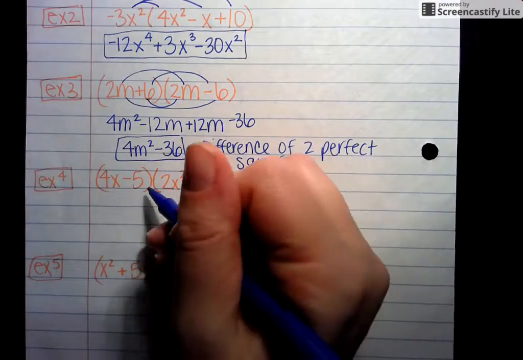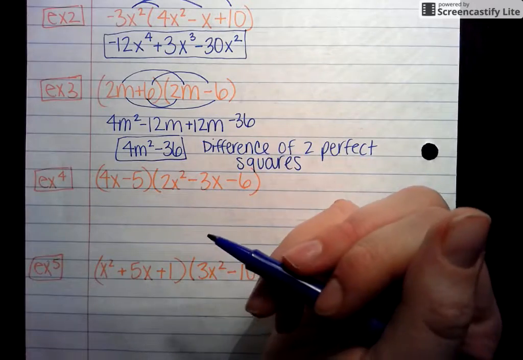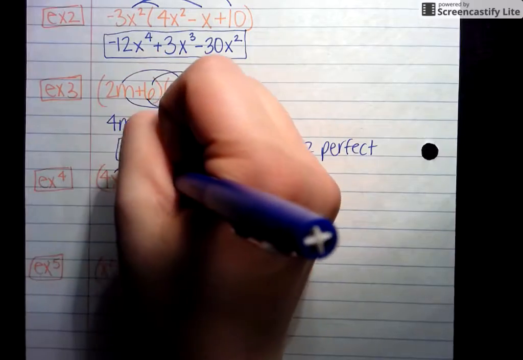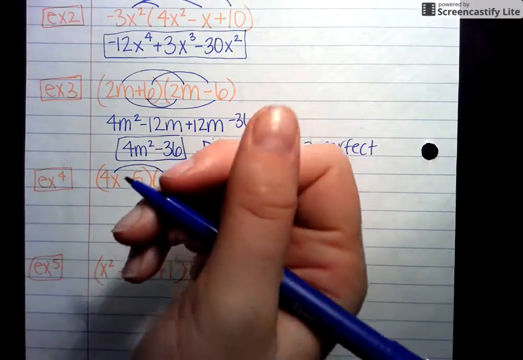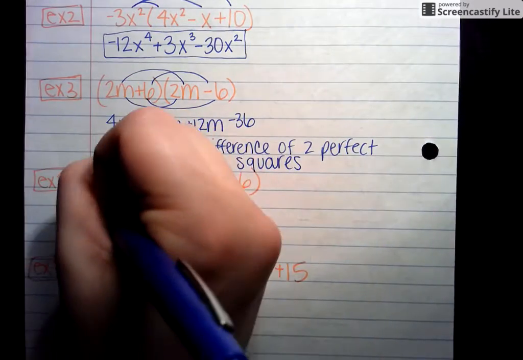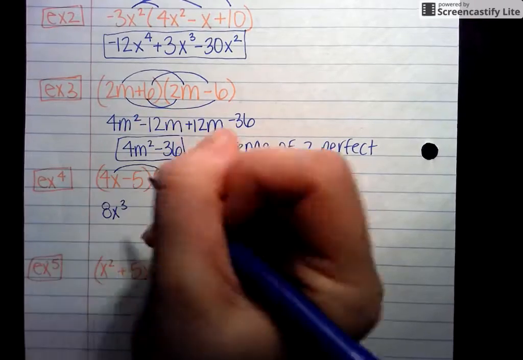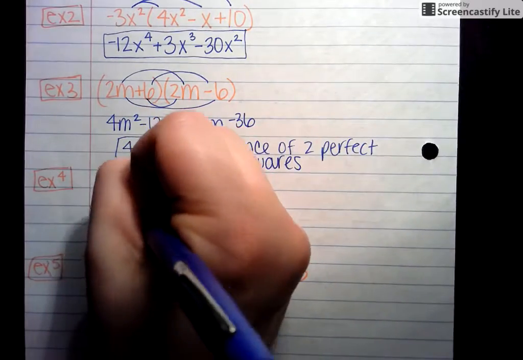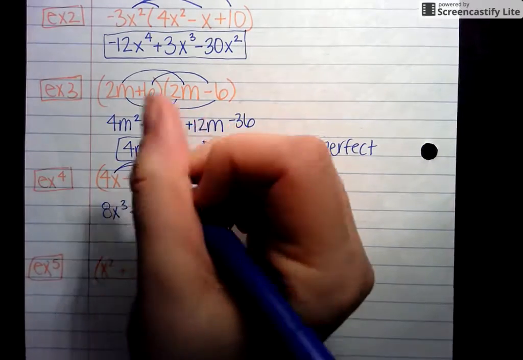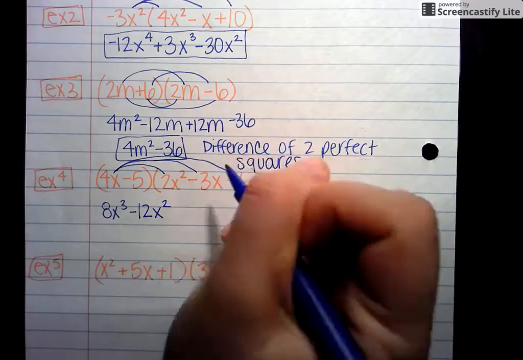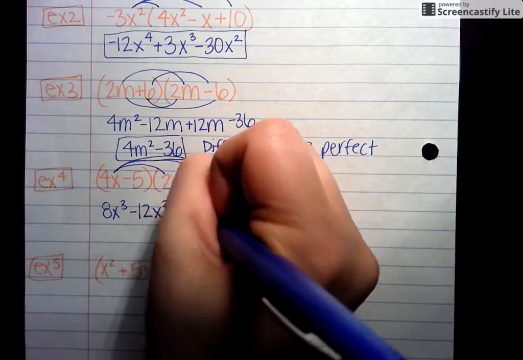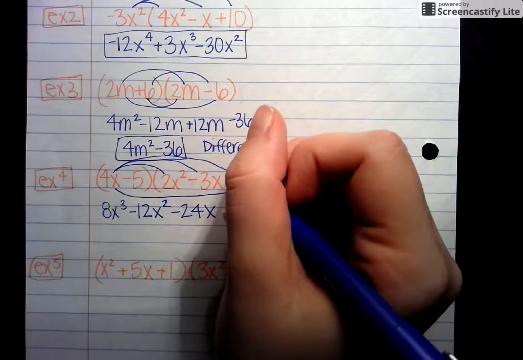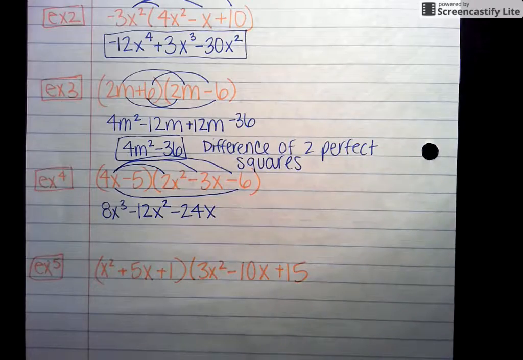Now, this is a binomial multiplied by a trinomial, so you are going to take the first term and distribute that. So it would be 4x times 2x squared, which would be 8x to the 3rd. A 4x times a -3x, which would be a -12x squared. A 4x times a -6, which is a -24x. Actually, you're not going to do that again.